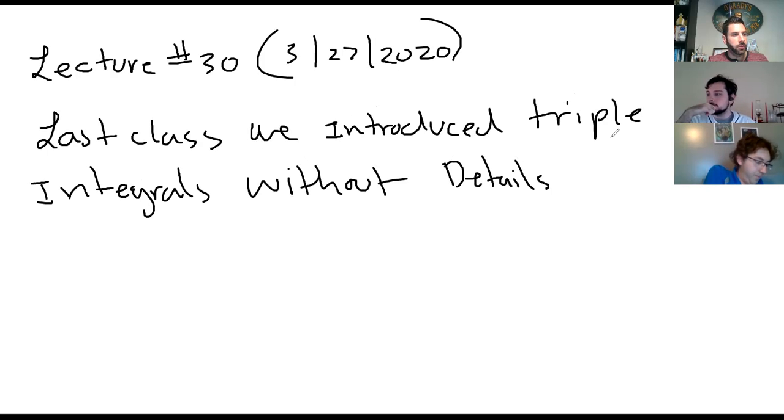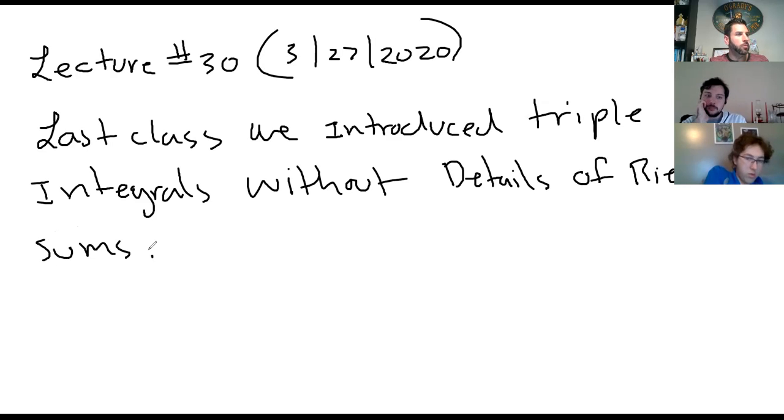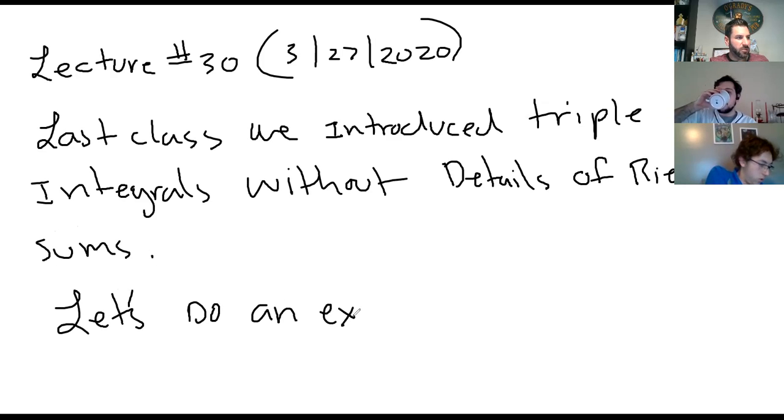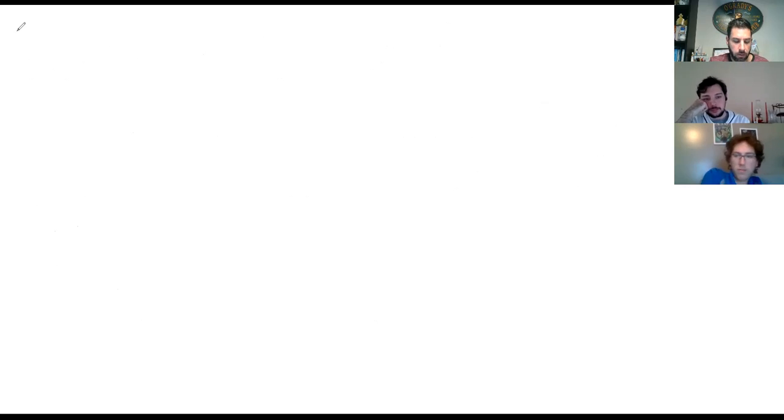It's so similar to the one- and two-dimensional cases that we're not going to go through it, so we're not going to do the Riemann sums. So let's do an example, similar to the homework problem.